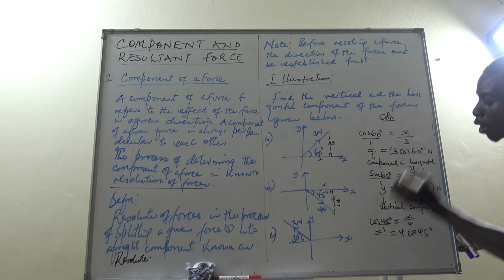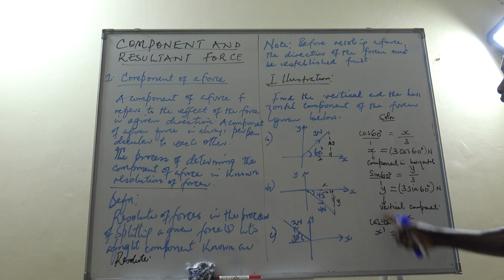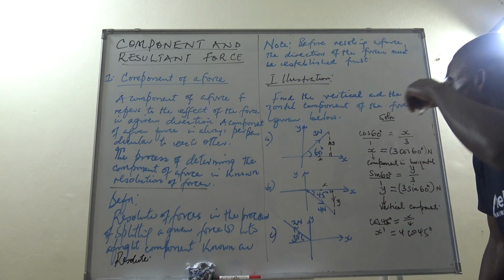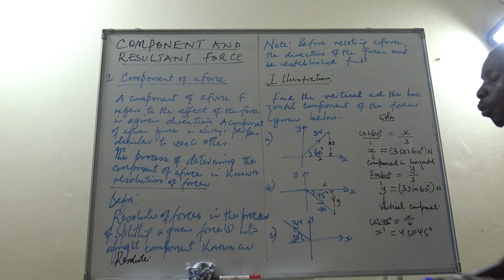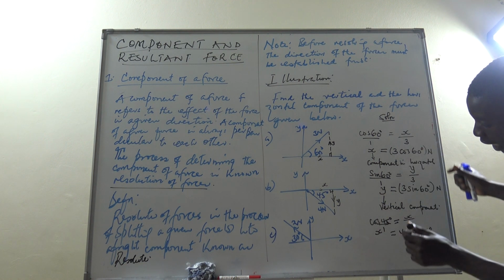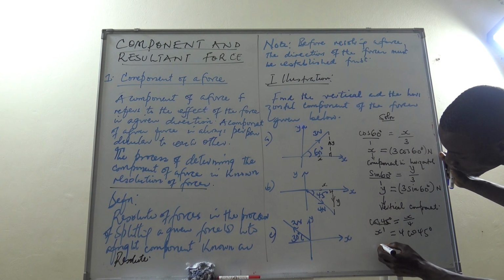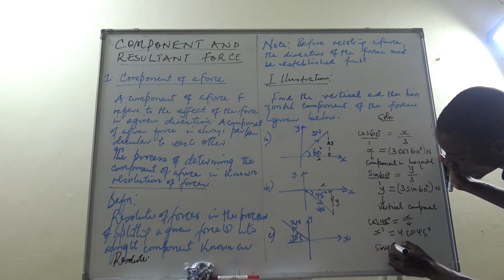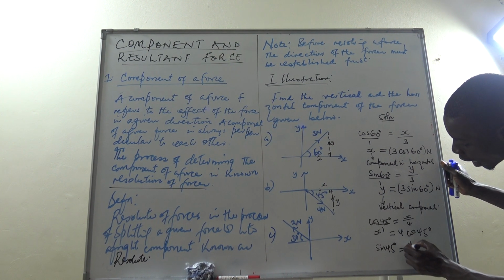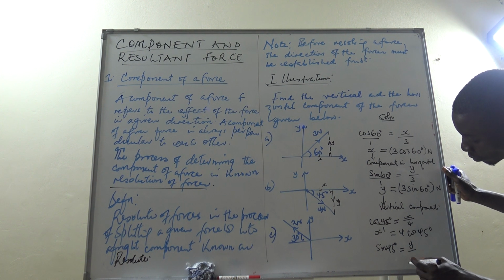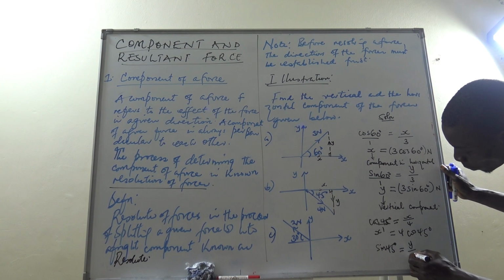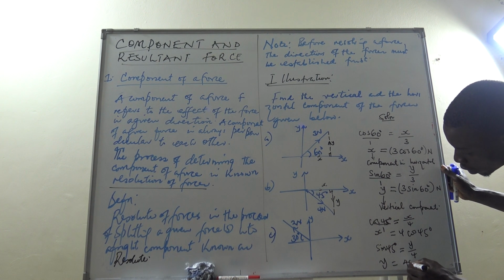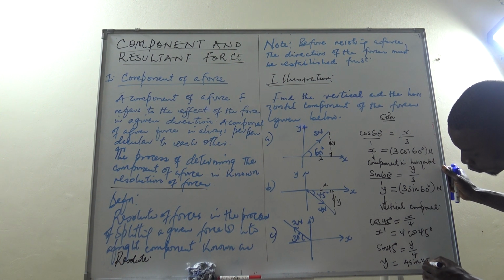And this one here is representing the horizontal component, because x will be for horizontal, y will be for vertical. And then basically we can also look at sine of 45. Sine 45 will be equal to opposite y over hypotenuse 4, and y will be equal to 4 sine 45.